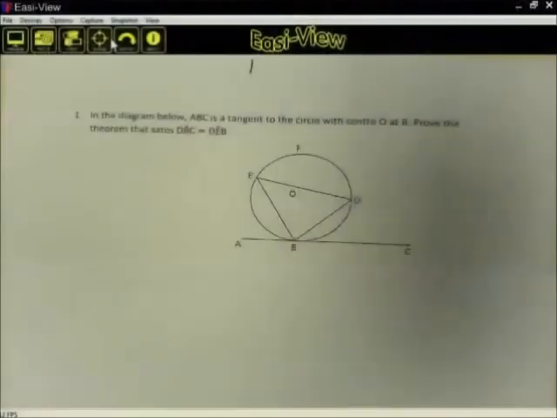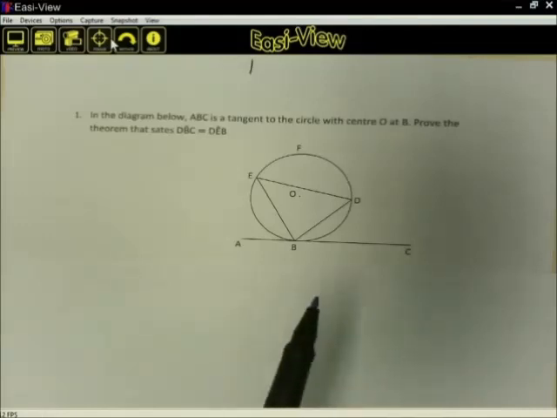Let's go through this given diagram. In the diagram below, ABC is a tangent. You can see ABC, that line. ABC is a tangent to the circle with center O at B. Prove the theorem that states angle DBC.